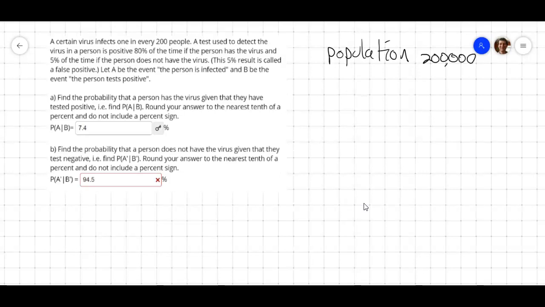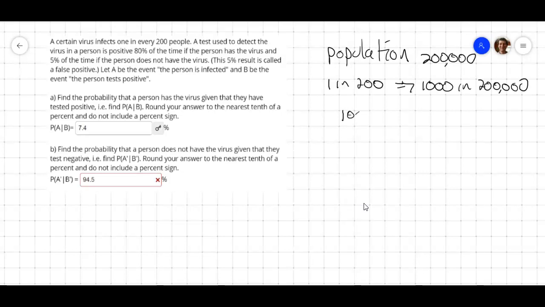Then 1 in 200 would be 1,000 in 200,000. Just multiplying by 1,000 on both sides, and we get this. Okay, good. So what we know is in a population of 200,000, a certain virus would have infected 1,000 people.